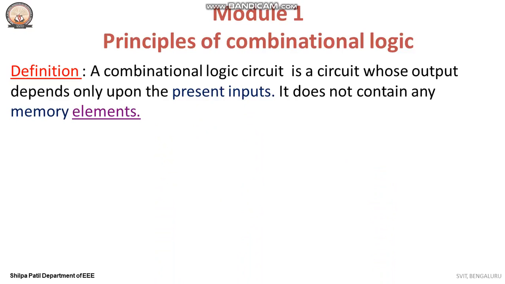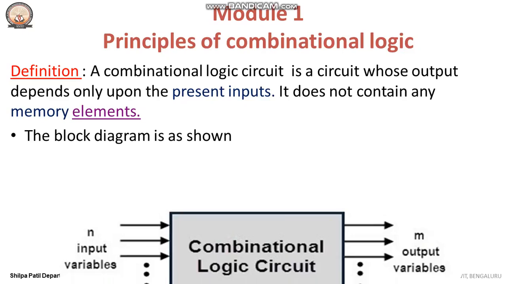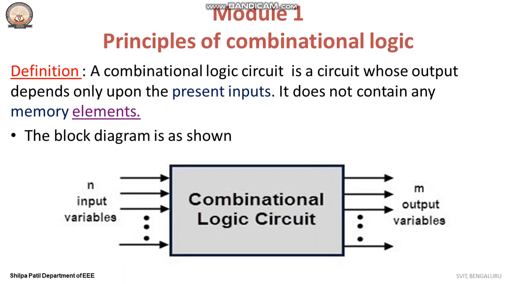So this is a block diagram for the combinational logic circuit. We don't have any feedback path. So we have a combinational logic circuit with logic gates, input variables and output variables.